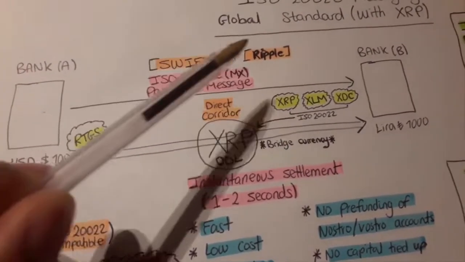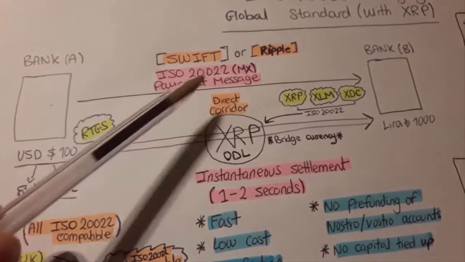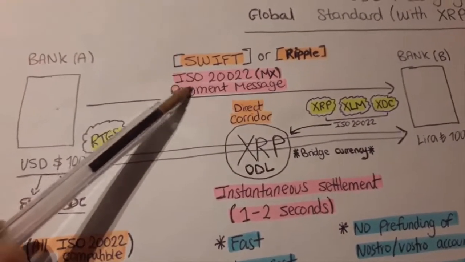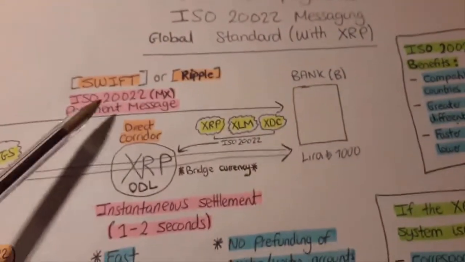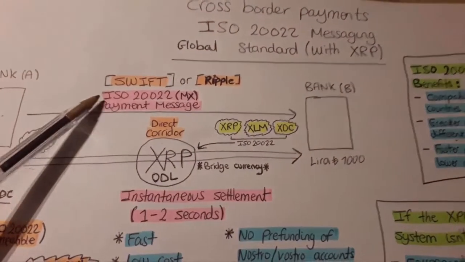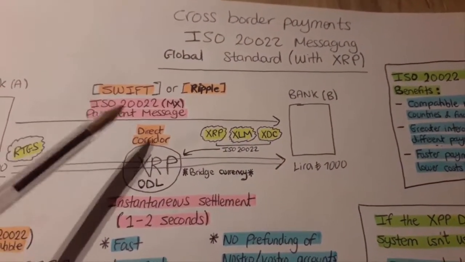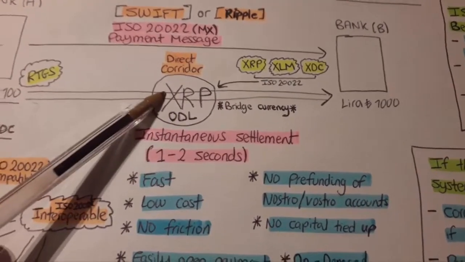Now, the message may be sent over faster because all the banks are likely moving over to ISO 20022, but that does not solve the problem of having pre-funding accounts. So accounts have to be pre-funded, and even though the message may be faster, it won't be as fast as using Ripple.